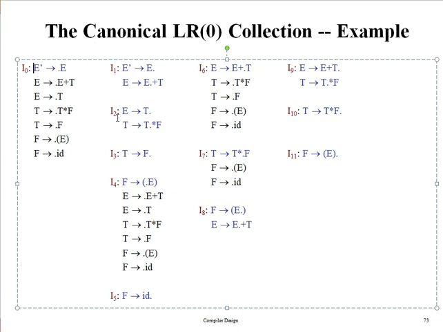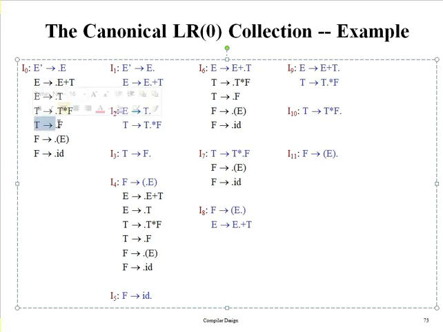So for generating item I2, since we have non-terminal T after the dot in both production rules, we can bring those two production rules to I2: E derives T dot, then T derives T dot star F. What you have to keep in mind is that we should consider only production rules having the same grammar symbol after the dot, but not the production rules of the non-terminal after the dot.